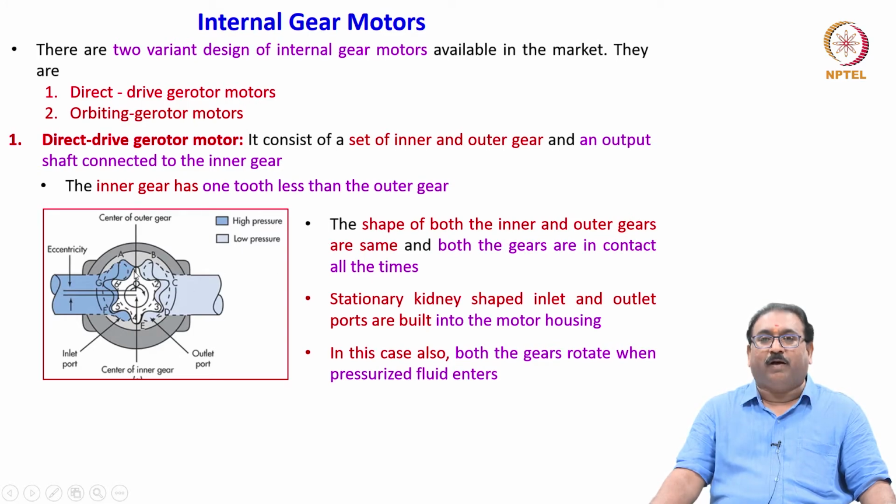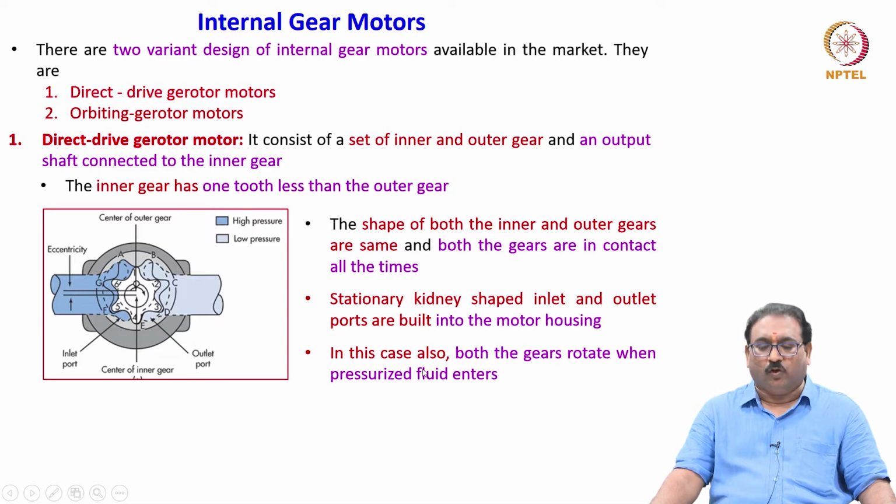The shapes of both the inner and outer gears are the same, and both the gears are in contact all the time. You will see here how they are in contact all the time. And stationary, you see kidney shaped openings here. Stationary kidney shaped inlet and outlet are built into the motor housing.